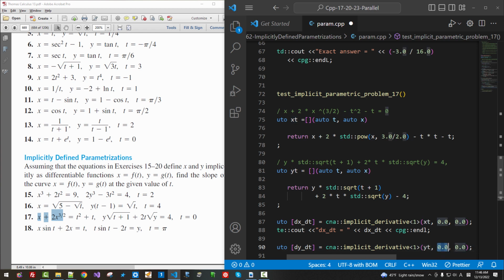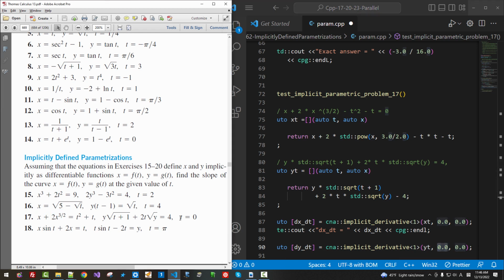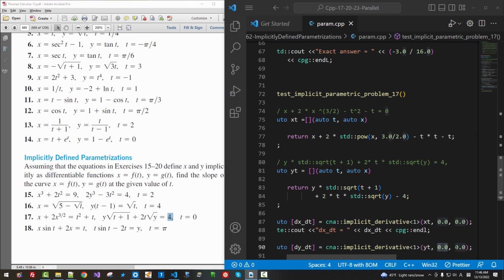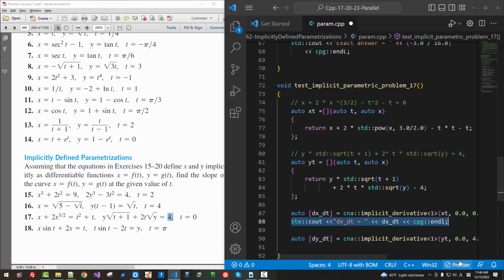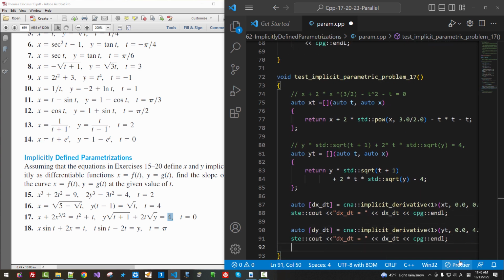This value represents the value for t. If we substitute 0 for t, this term becomes 0, and t plus 1 is 1. Because t is 0, y is 4. So this should be 4.0. I will copy, paste.